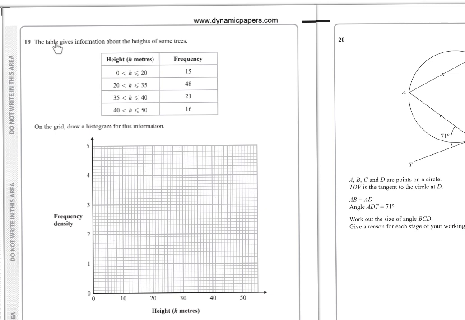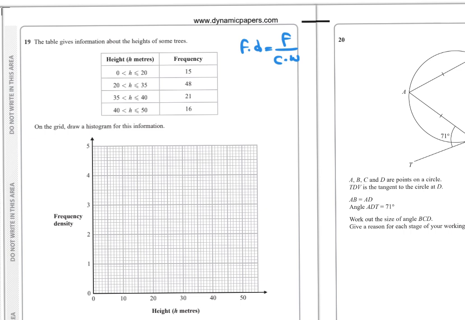Number 19. The table gives information about the heights of some trees. On the grid, draw a histogram for this information. To draw a histogram, we need to draw rectangles for each class or interval. To find the height of each rectangle, we need the frequency density. Frequency density equals the frequency divided by the class width.